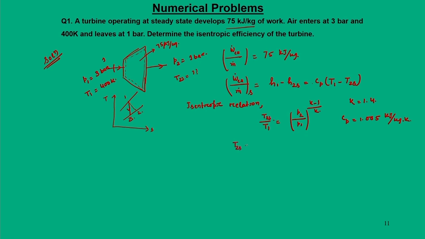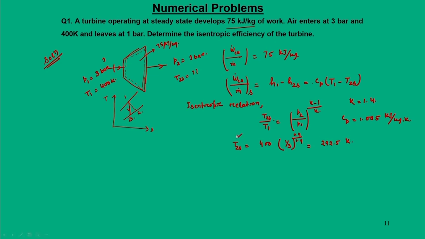So, T2S can be computed: T1 is 400, P2 by P1 is 1 by 3, to the power (k minus 1) by k, that is 0.4 by 1.4. The value would be 292.5 Kelvin.